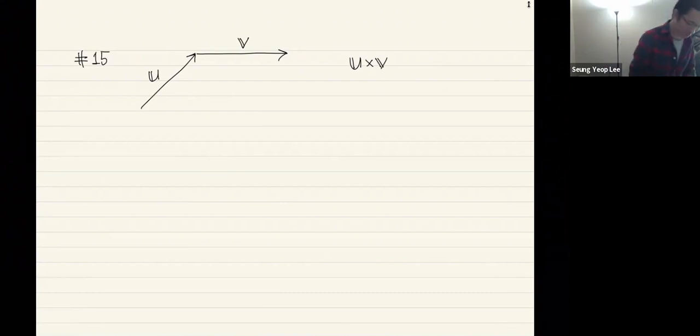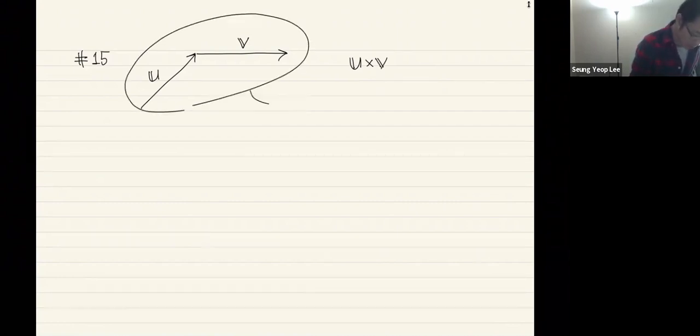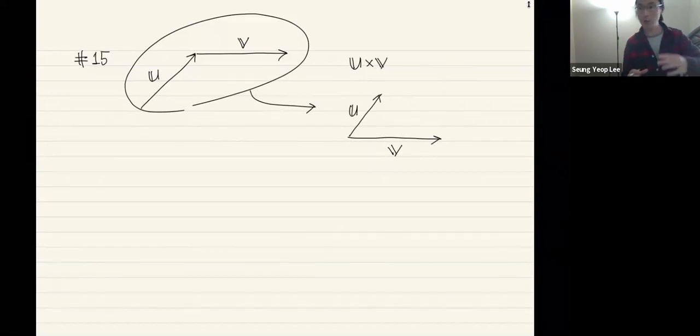You can always change such a picture in this way, just translating the U, because it doesn't matter where you put the vector. As long as you move the vector without changing the direction, it's the same vector. So you can move your vector such that the starting point is the same. That's up to you. Then this becomes theta.